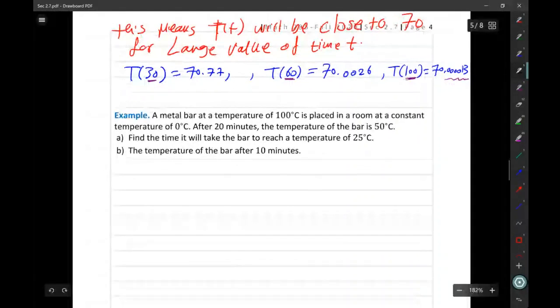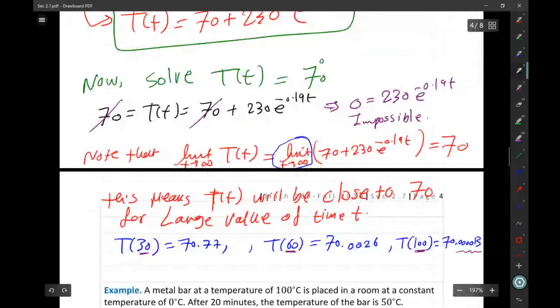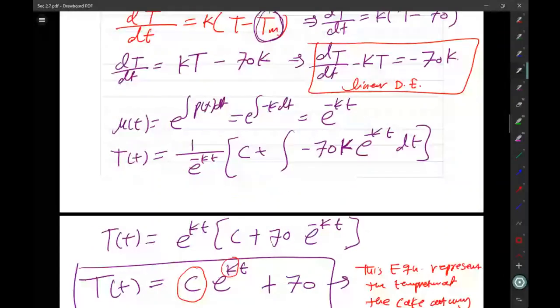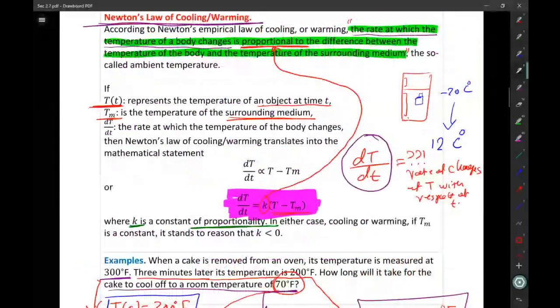Anyway, let us go back to the last section where we stopped, which is the modeling of the first order linear differential equation. And we had the first application that we had last time. It was the cooling and warming problem.